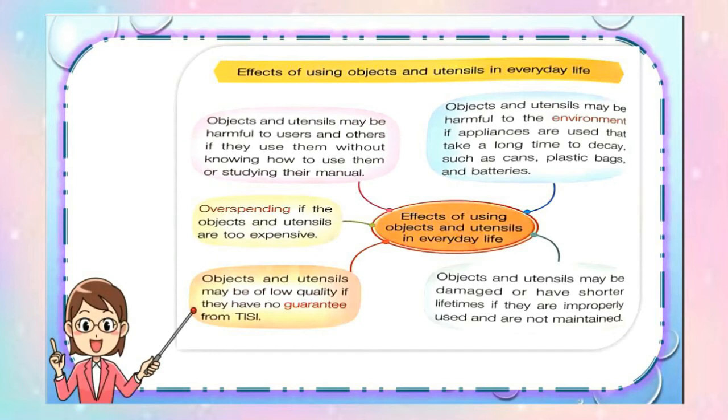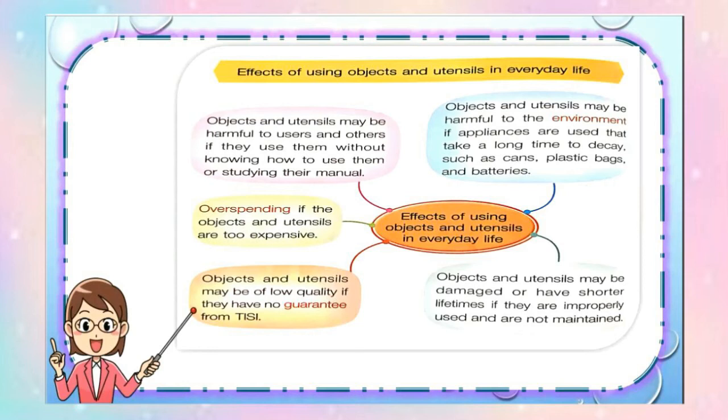Okay, next, overspending if the objects and utensils are too expensive. If you don't choose properly, then you might overspend because you don't think, oh, it's too expensive, I can buy a different one which has the same quality and it's cheaper. You're just thinking, I want to buy this one, that one.